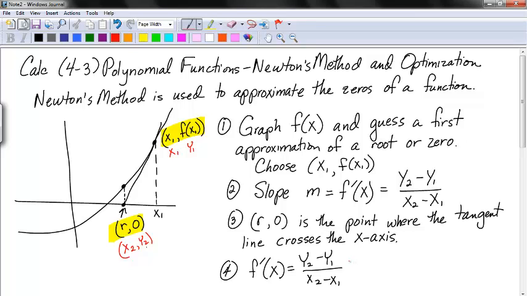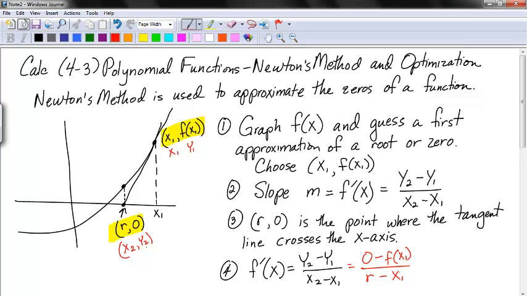So now if I fill into that formula, my y sub 2 is 0, my y sub 1 is f of x sub 1, okay, and my x sub 2 is r, and my x sub 1 is just x sub 1.